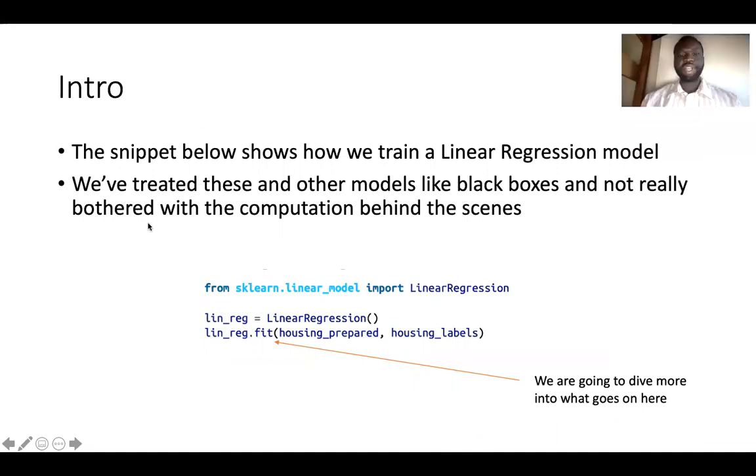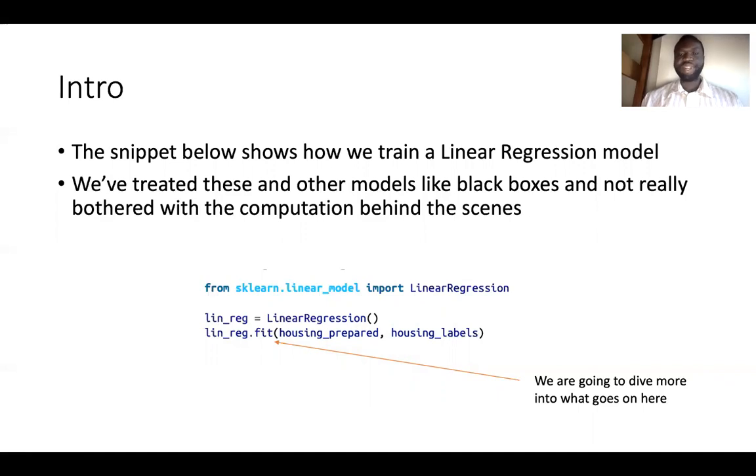So just as a precursor, this is what the chapter is trying to do. In the past, this is how we ran ML models: we'd call it from the library, then say fit with your data, basically. It was like a black box. We didn't bother too much about what was inside, but not anymore.